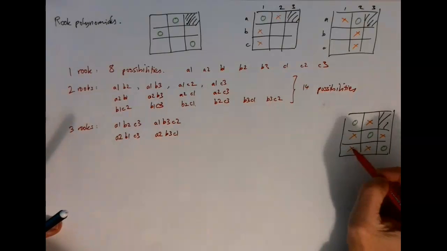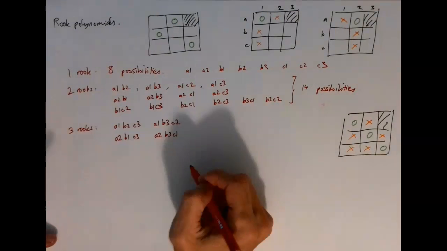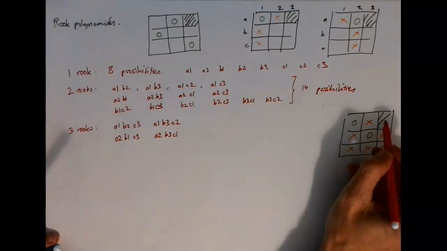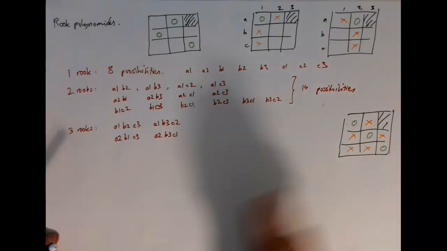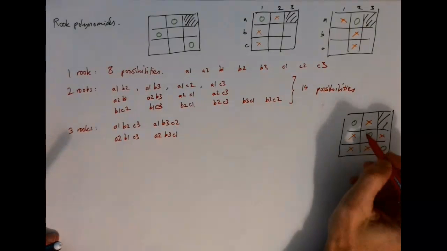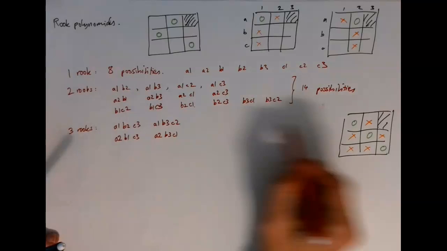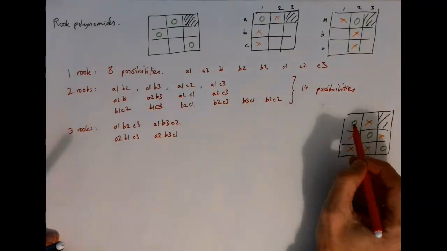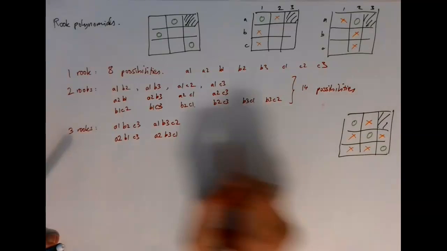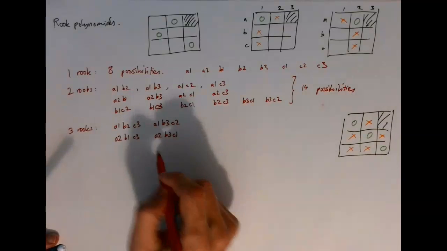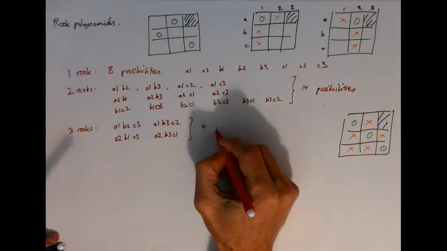And then you can't do A3 because A3 is blocked off. These are the only possibilities, right? Your first one has to be either A1 or A2. You have to have one in every row, and we've seen that these are the only possibilities there. So we've got four possibilities.